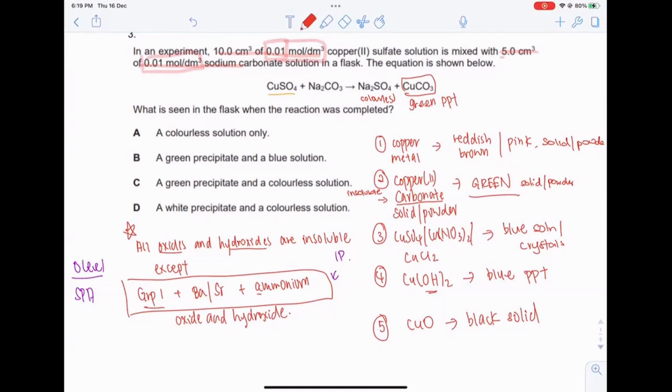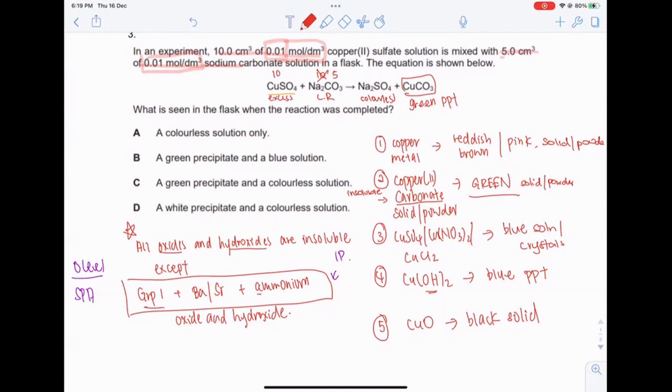This is 1:1, meaning 10 cm³ of copper 2 sulfate should react with 10 cm³ of sodium carbonate since they have the same concentration. But did that happen? No, there's only 5 cm³ of this. So this is a limiting reagent and copper 2 sulfate is in excess. This is the quick way to figure out which one is in excess and which one is the limiting reagent. It's a fast way.